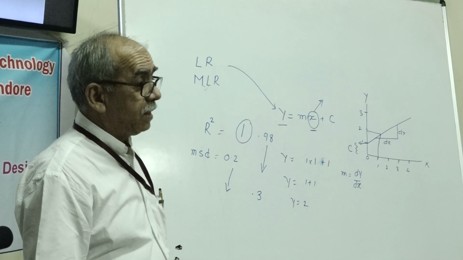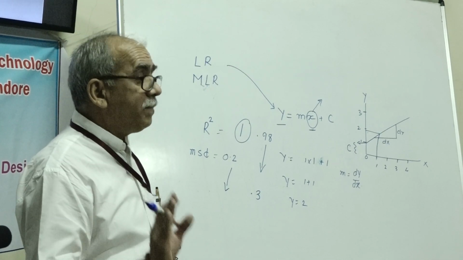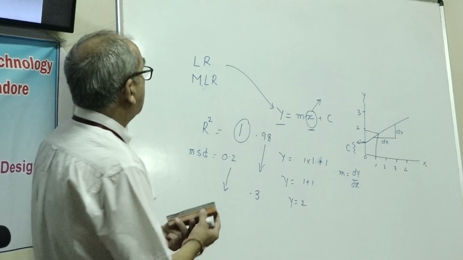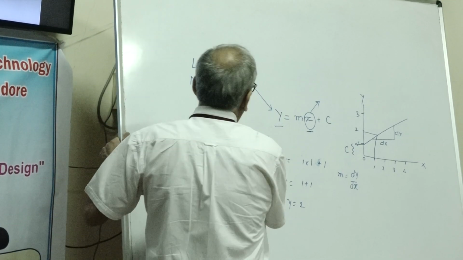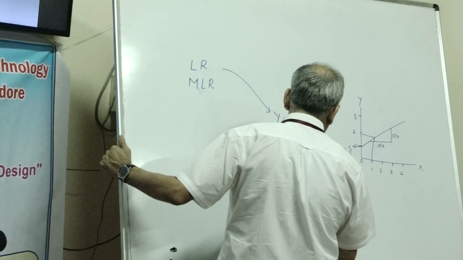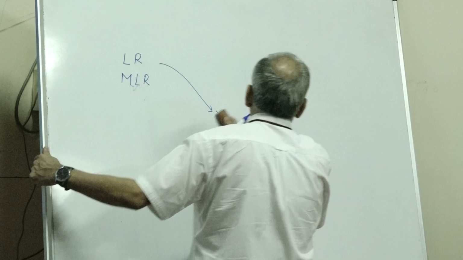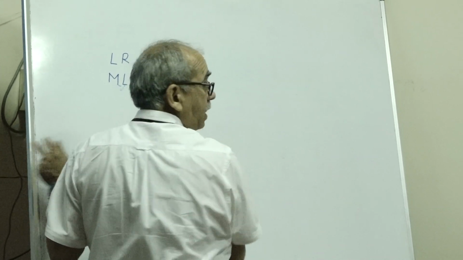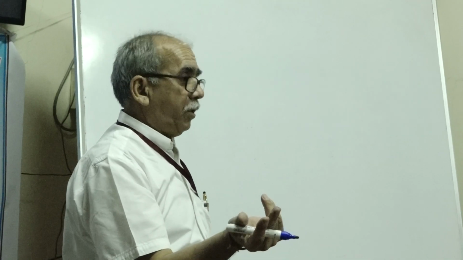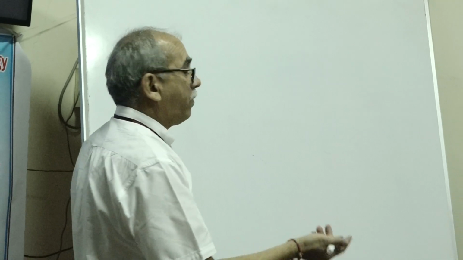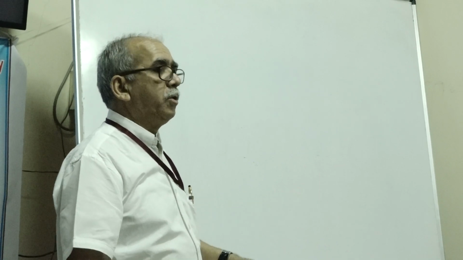At least that is the minimum, because at times you must have seen in certain places or certain papers, people just plot a graph using just 3 data points, and you find, oh, our R square value is something like 0.99.